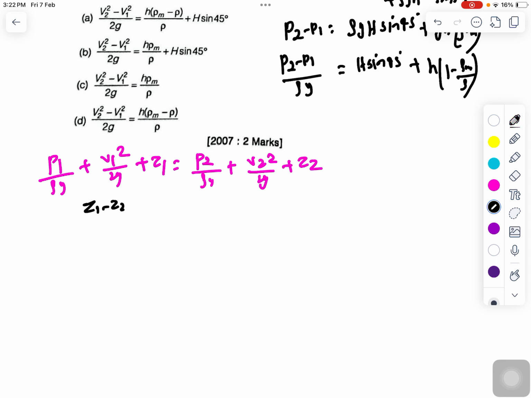So I can calculate P1 minus P2 divided by rho z is equal to V2 square minus V1 square divided by 2z plus Z2 minus Z1.